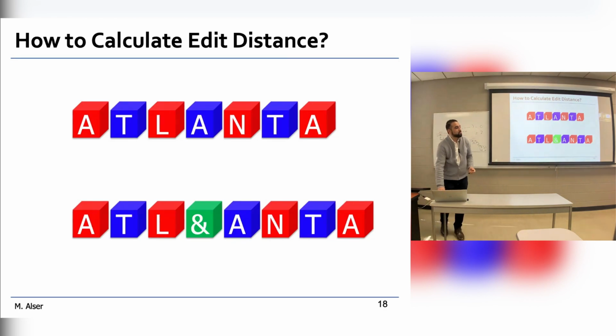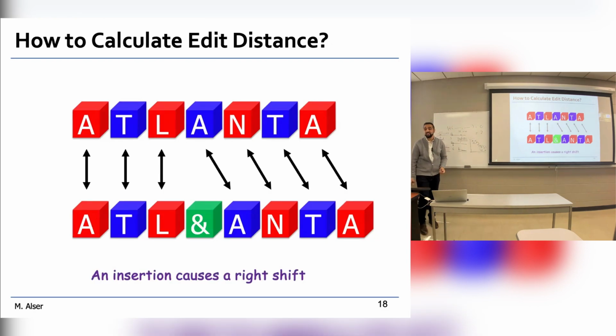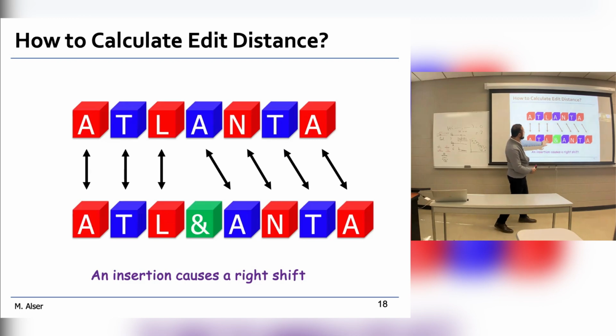And what will happen to the comparison? The comparison is also shifted to the right, right? But how do I know in advance, should I compare this with here or with here? So if it is a deletion, I should compare it to here, right? If it is an insertion, I should compare it to here. If it is an exact match, I should compare this and this.